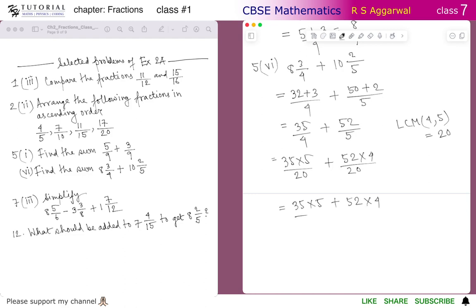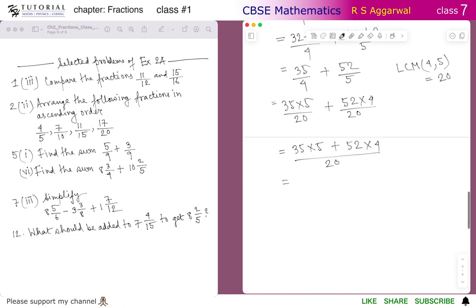This is this. Now if we simplify, we will have 175 plus 208 by 20. This becomes 383 by 20.